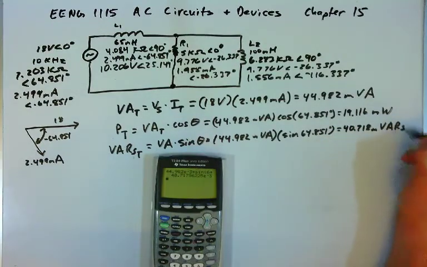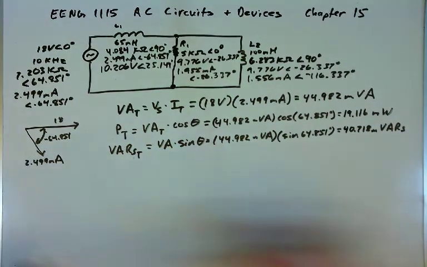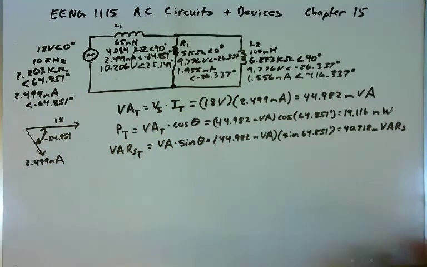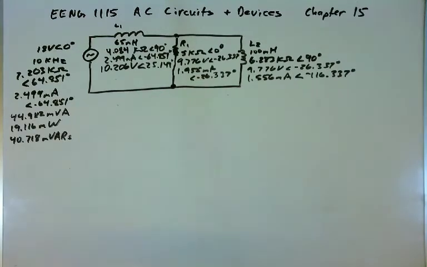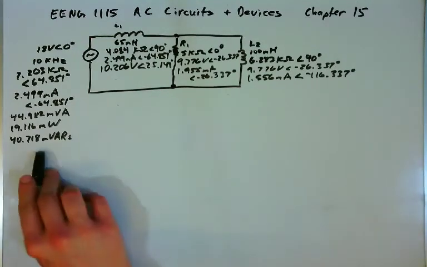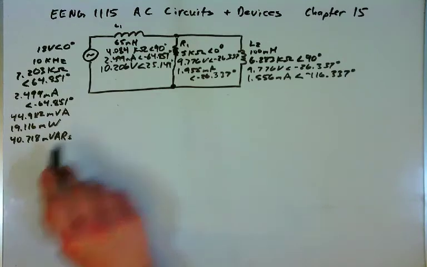That is volt amps reactive. And so this will be the total power dissipation for the circuit. I've written the numbers for the total power of the circuit here.